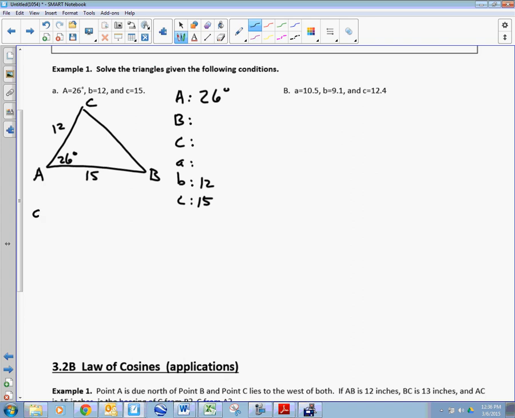So I guess you could say we'll use the a squared formula. A squared is equal to, and we'll do b squared, so 12 squared, plus c squared, 15 squared, minus 2 times 12 times 15 times the cosine of 26.